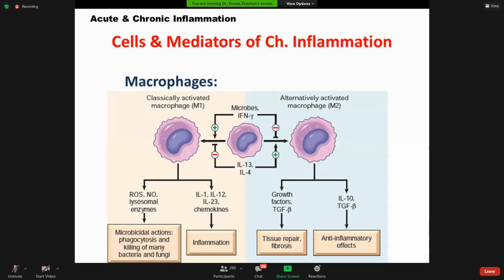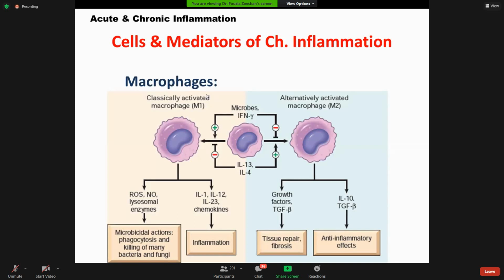So they cause injury and killing of many bacteria and fungi. The second pathway is alternatively activated macrophages, and this pathway is associated with tissue repair. So we have two pathways of macrophages. One pathway is killing the bacteria and causing inflammation, but the other pathway is moving towards the repairing system. It has anti-inflammatory effects.